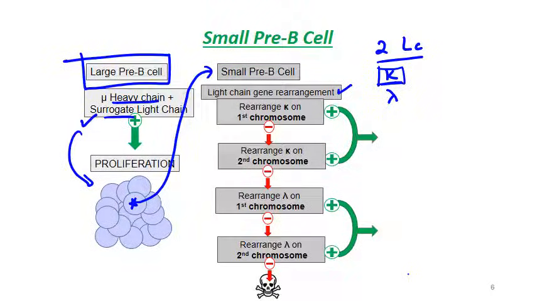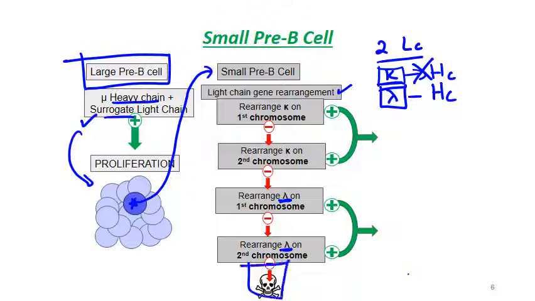If at any point we are unable to make kappa bind with the heavy chain, then lambda gets a turn, and it'll try to rearrange the lambda on the first chromosome and then the lambda on the second chromosome, and try to make something that can bind with the heavy chain. If it can't, then the cell will die. If it can, then it will just make a lambda light chain antibody, okay? If it was able to make a kappa, then lambda never rearranges. That's kind of the long and short of it, okay?